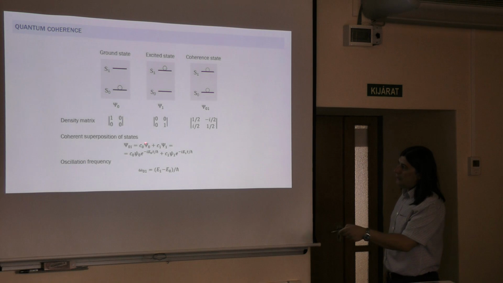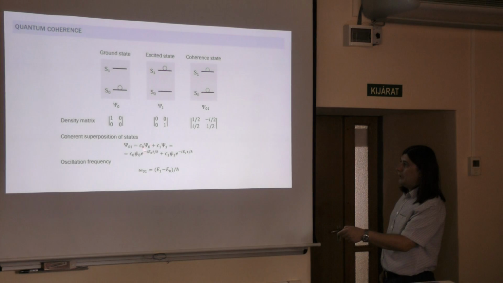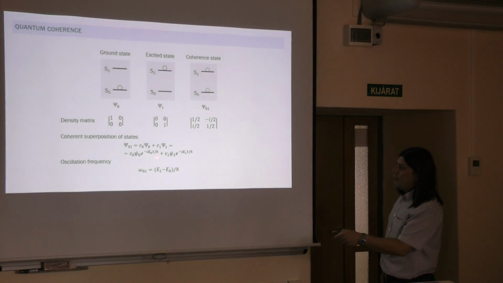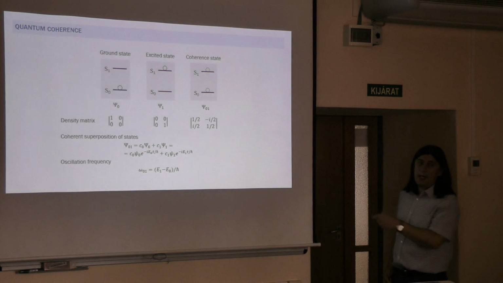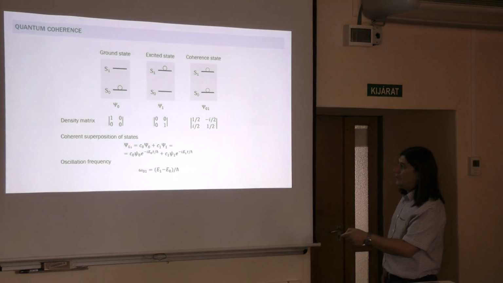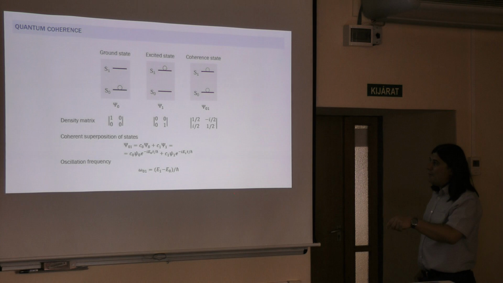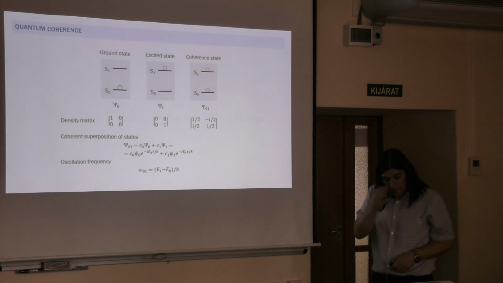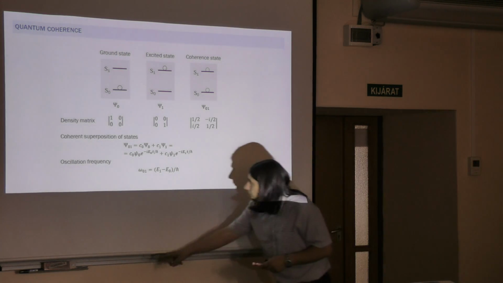But these wave functions have two terms, right? They have a time independent and a time dependent term. The time dependent term in any eigenstate cancels out, but in this case it does not cancel out. And then we have time dependence, which is like that.